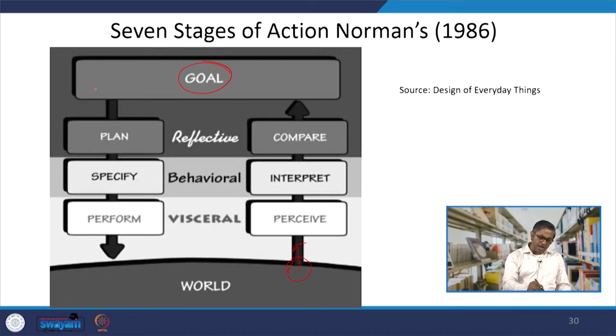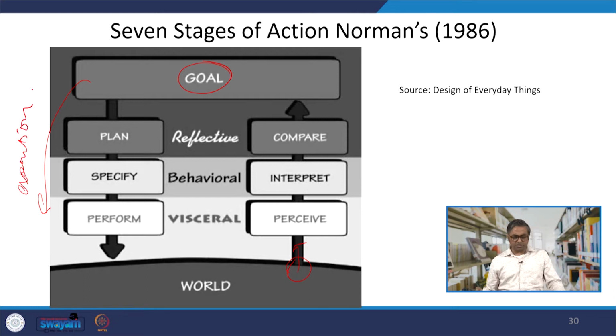So from plan, gulf of execution, comparison, gulf of evaluation.